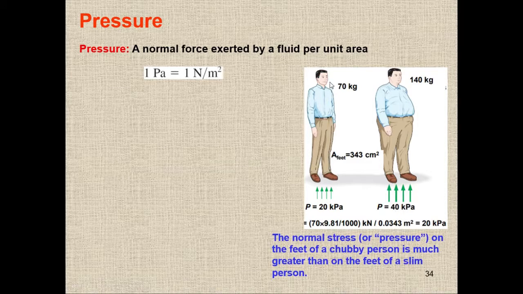With half of the mass, you will get half of the pressure that you get here. So simply mass times 9.81 gives the weight, which is equal to force, divided by area, and then you get the pressure at the bottom. So this is a simple way to calculate the pressure. Now, as I told you, we have different units.